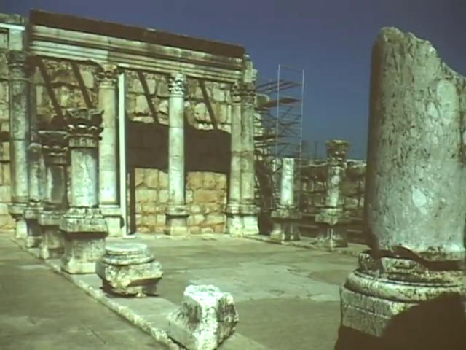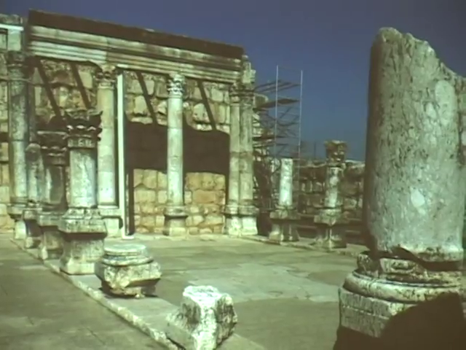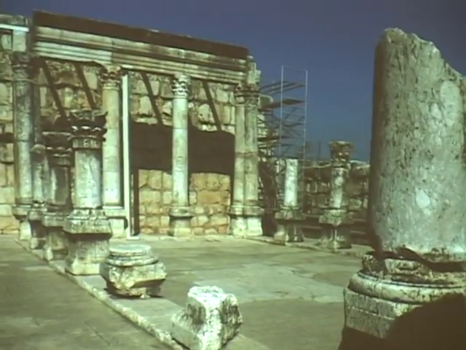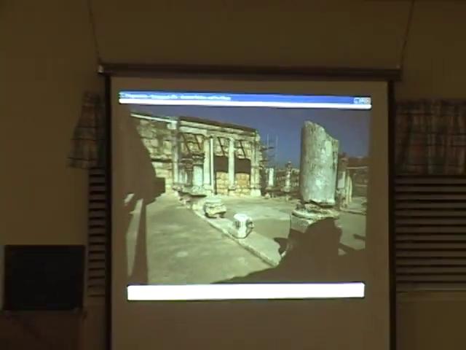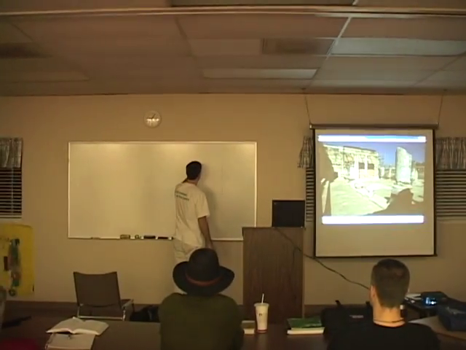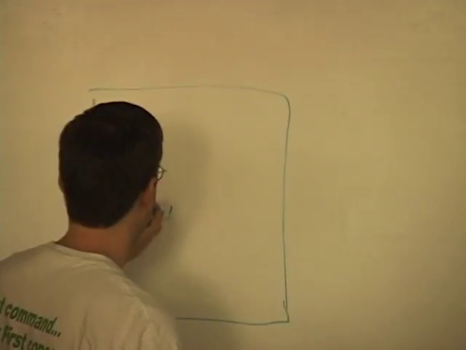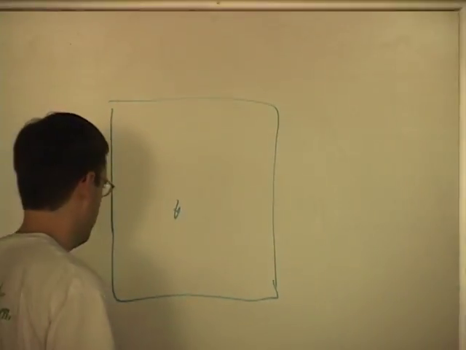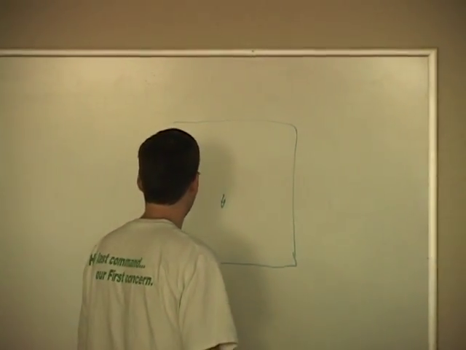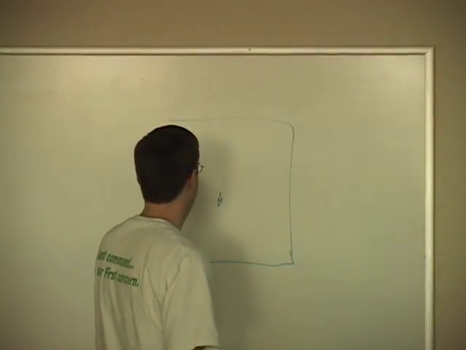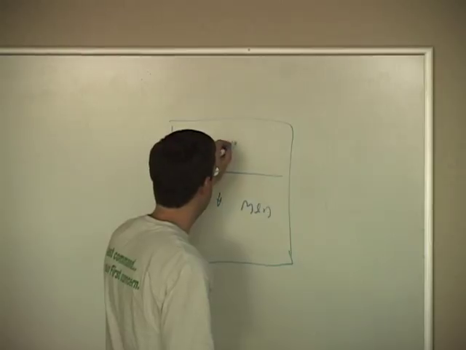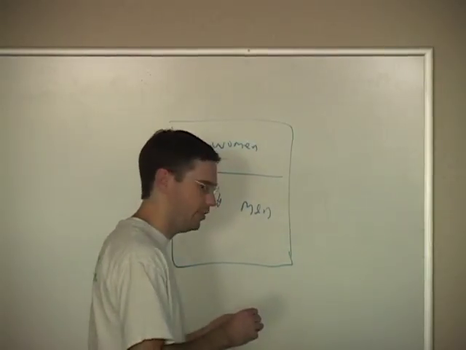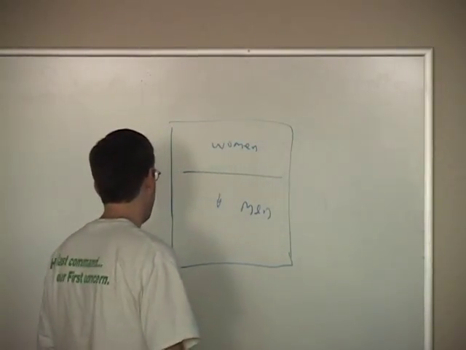Yeah, why don't I draw? Synagogues, you'll basically have the congregation facing this way towards Jerusalem, and then you'd have your men, and your women would be separate. You don't sit together in a synagogue.